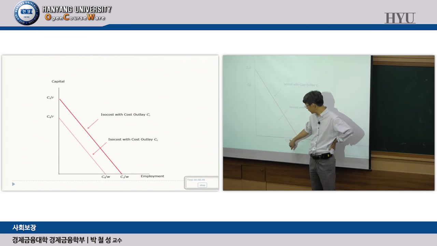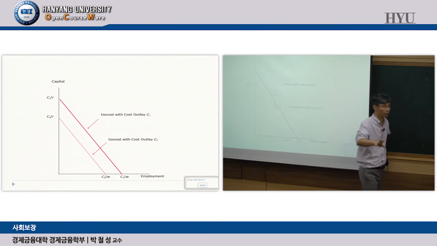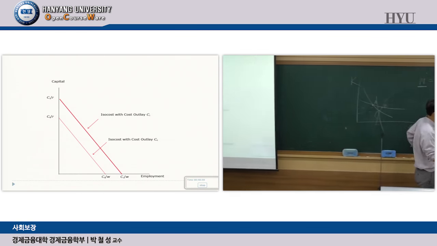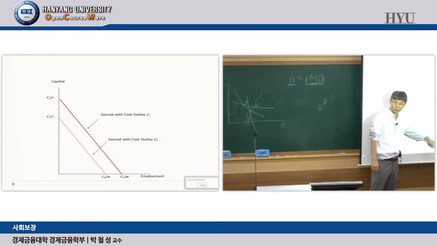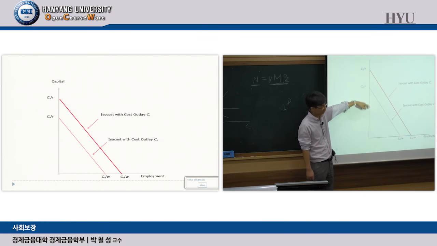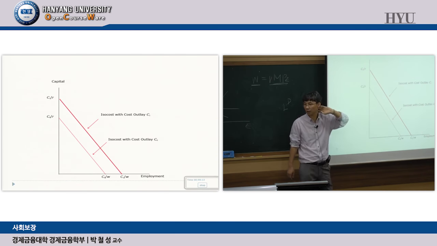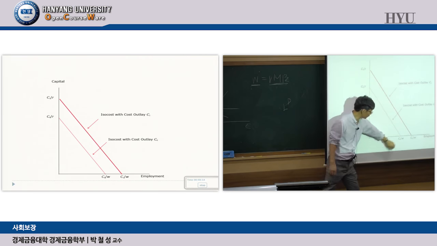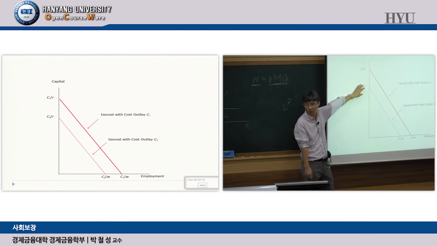So that's C0 over W. So this is the maximum labor input the firm can have. No capital, only labor, C0 over W. W is the unit cost of labor, and R is the unit cost of capital. So if the firm does not use any labor, only capital input, it's going to be C0 over R. So one extreme is C0 over W, the other extreme is C0 over R.